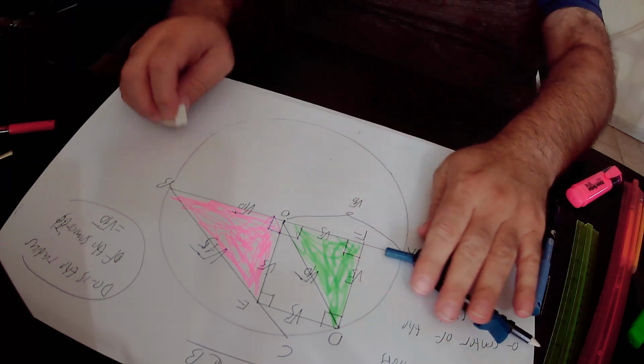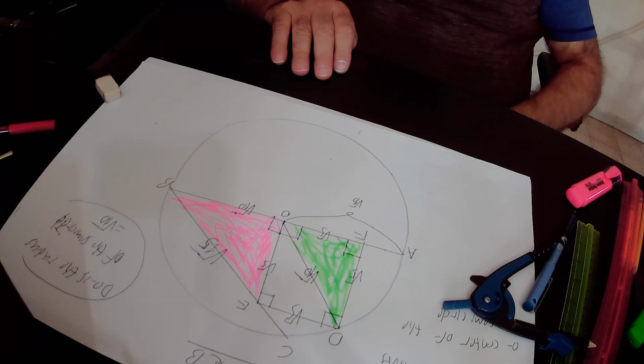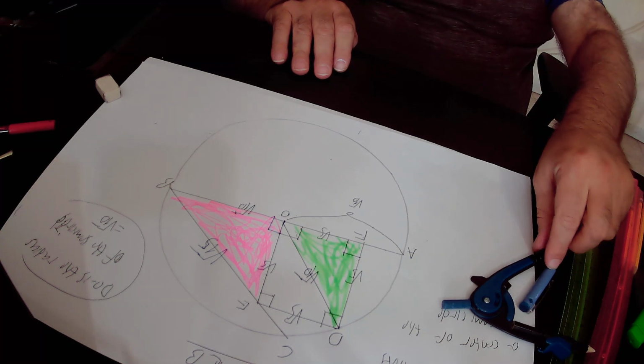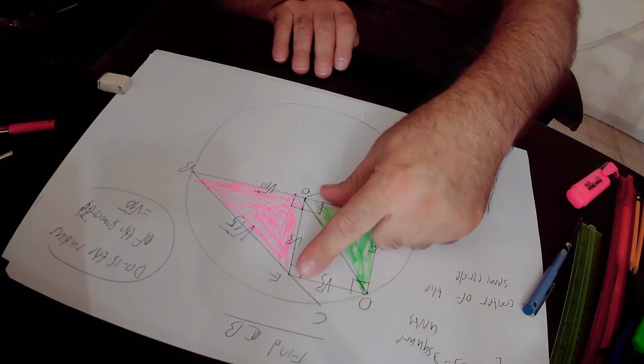So in the first step, we completed the semicircle to a circle. In the next step, we will extend line segment EO on both sides.